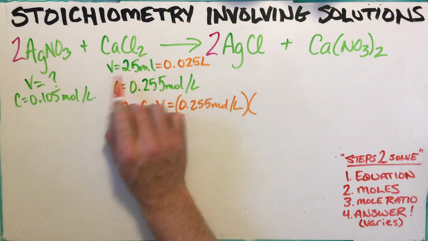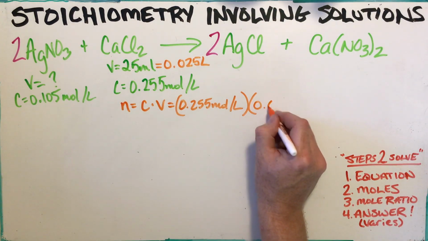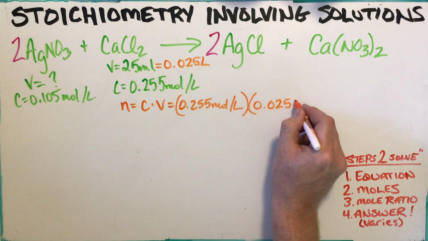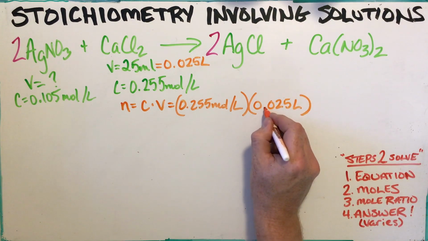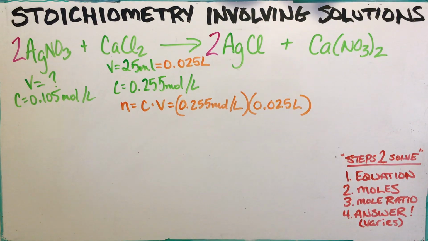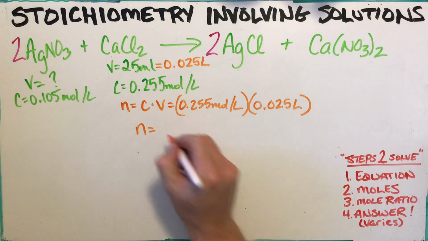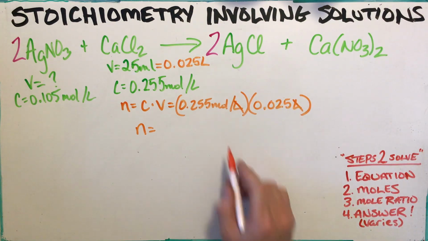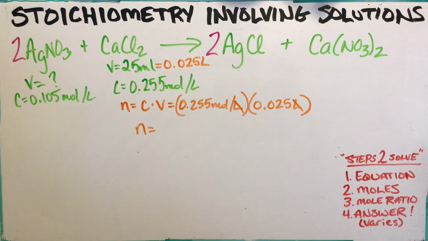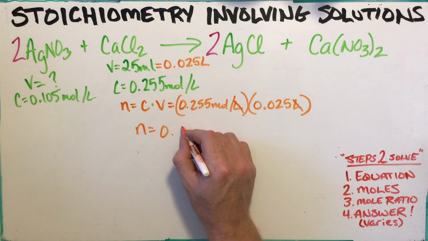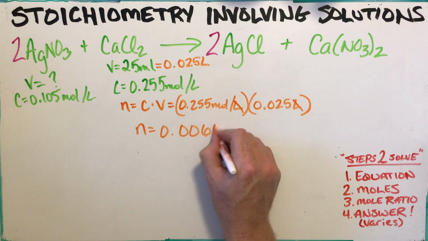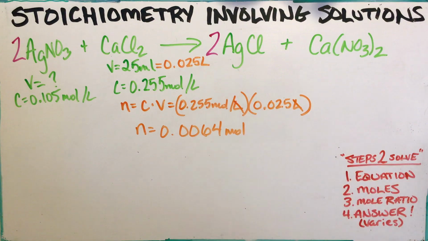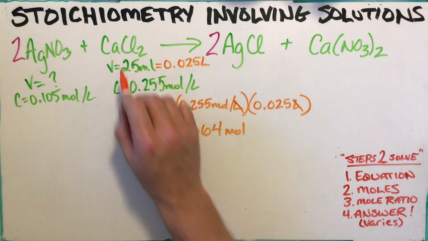All right, divide this by 1,000. Be careful of that. I almost forgot to do it until I got to that point. So n is equal to, let's see, liters on bottom and liters on top cancel. When I multiply, I'll be left with moles. And I will have 0.0064 moles. All right, that's moles of calcium chloride.